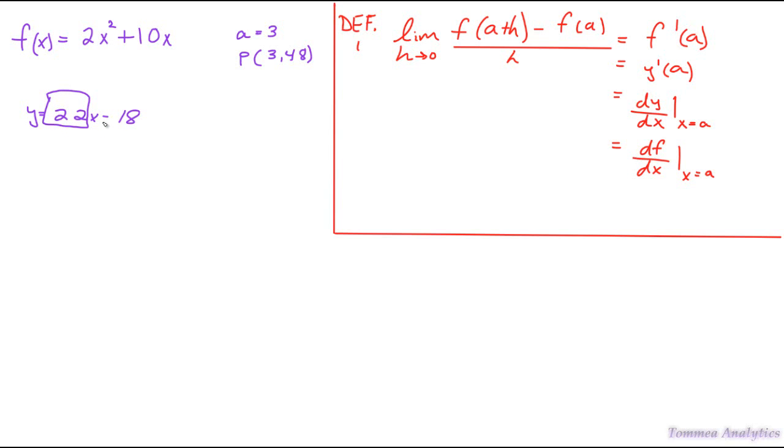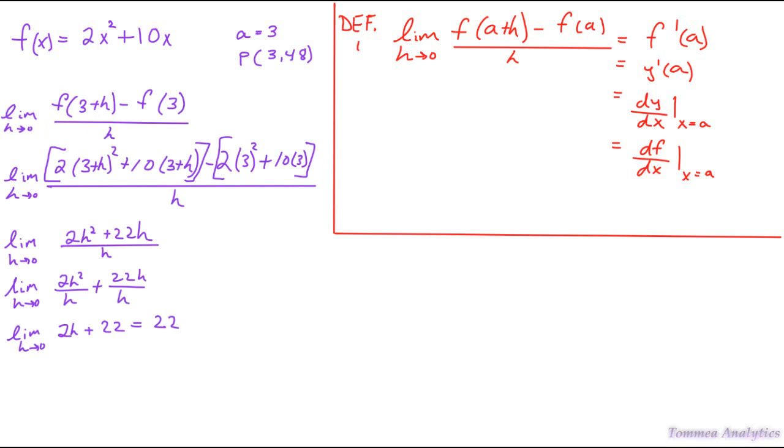But I'm going to show you how to do it by using the definition of the derivative defined as a limit, where we have to first have what the derivative is before we can even get this equation. So the first thing we do is we use the definition and we take a plus h and substitute that in for x in this function here.